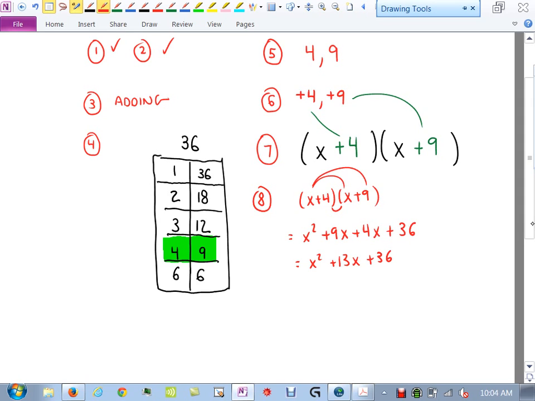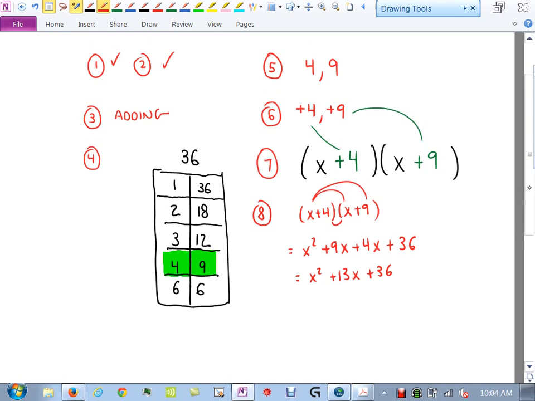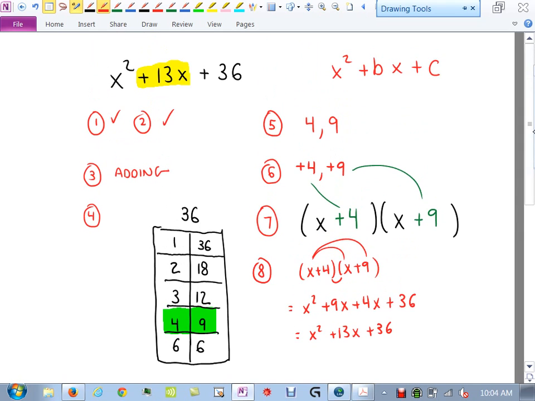You look at the problem and say, I need to create 36, and I need to create a 13, but those two numbers need to multiply to be 36. How many different ways can I get 36? Well, 1 and 36, 2 and 18, and you're adding them in your head as you think through. Oh, wait a minute, 4 and 9. 4 plus 9 is 13. That's it. And you try to do that all mentally. But it takes doing a lot of these problems to get to that point.